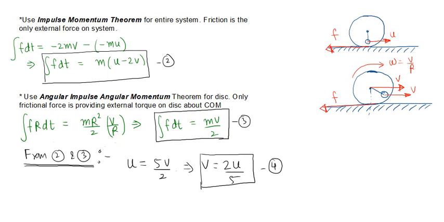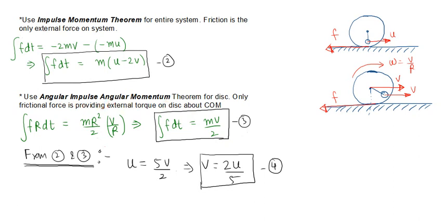The change in angular momentum of the disk will be I_cm into omega. I_cm is mr square by 2 here and omega is v by R. Here R can be taken outside, so this R will cancel one R. Finally I will get integration F dt equal to mv by 2. So this equation number 3 I have got by applying the angular impulse angular momentum theorem for the disk.